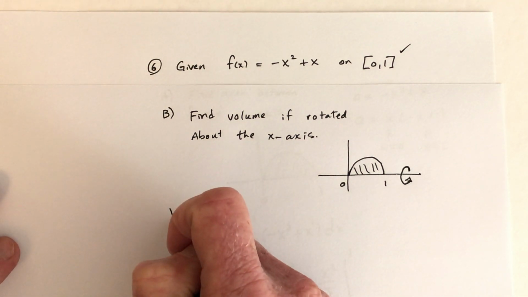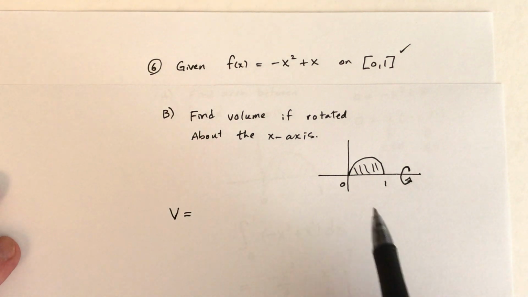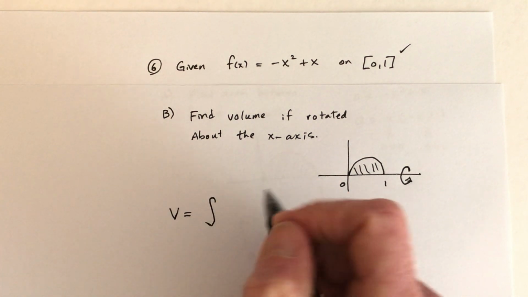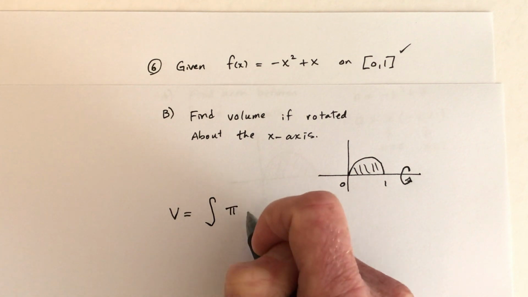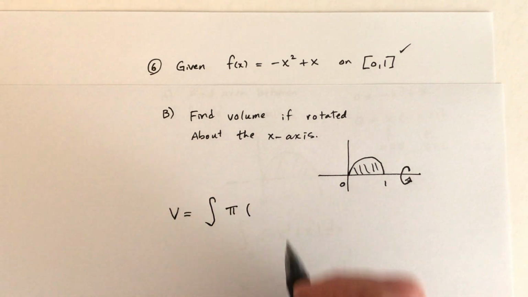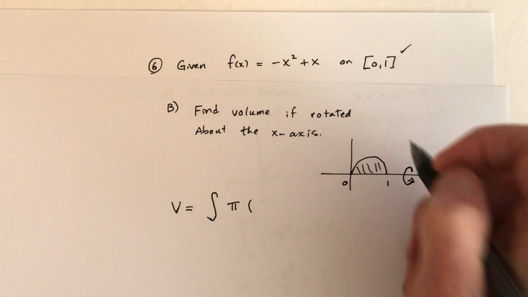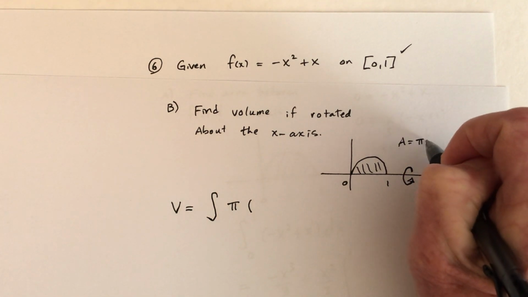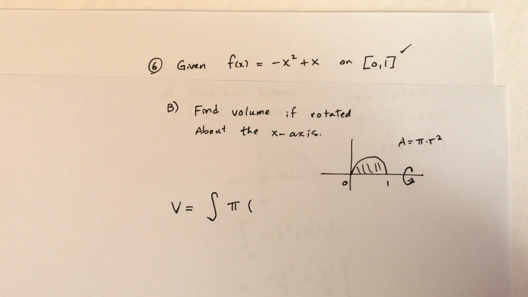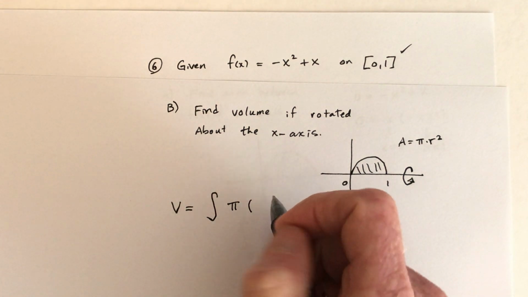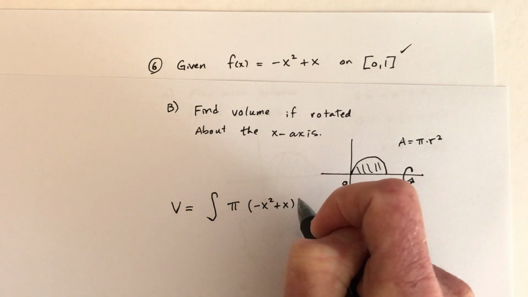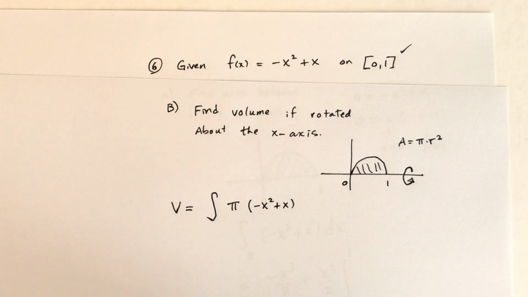And so when you're rotating around the x-axis, then it's going to be the integral of pi, and then the function gets squared. So basically I'm doing pi r squared. So area equals pi r squared. And so when you do pi r squared, that gives you area.